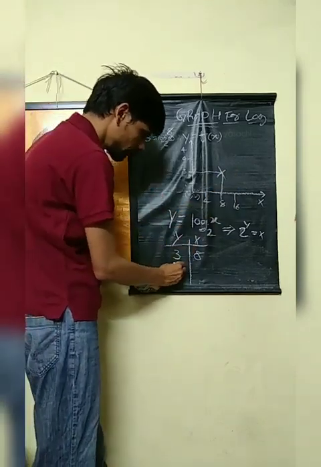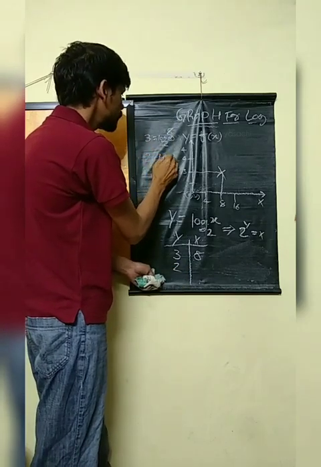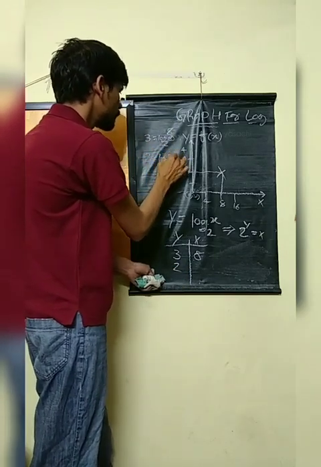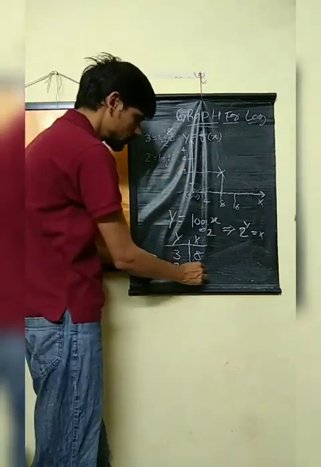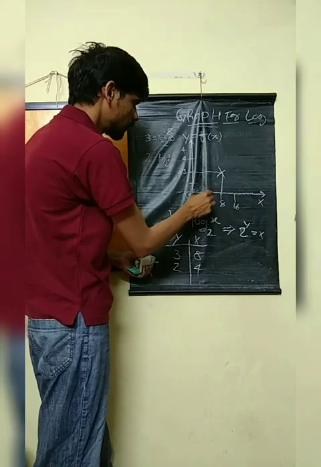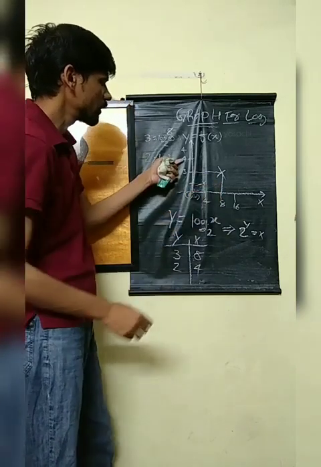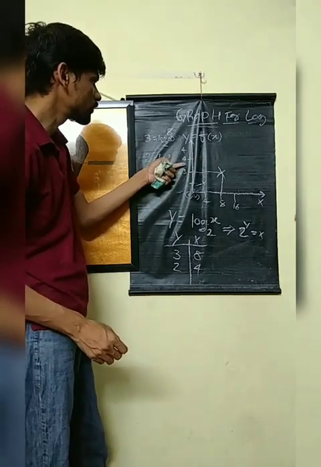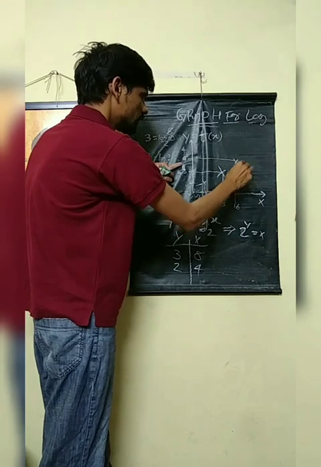If my y value is 2, in the same scenario I am doubling 2 times, so my x value is 4. In the same way, if my y value is 4, then my x value will be 16.